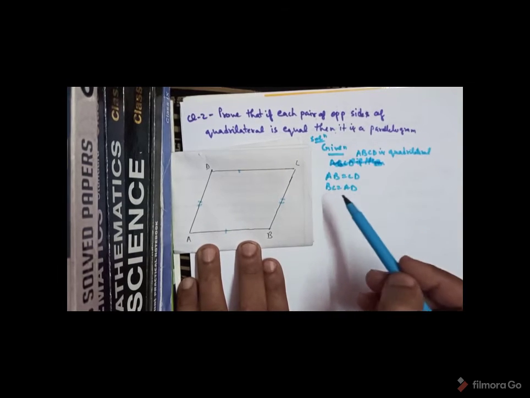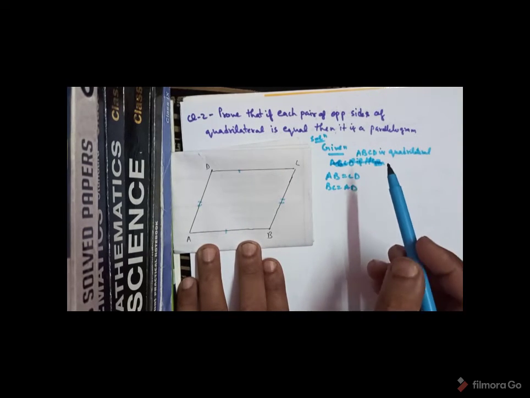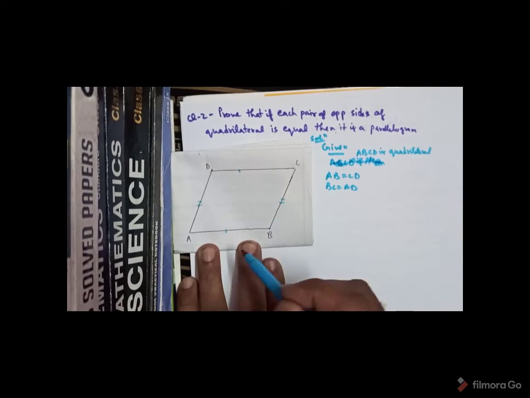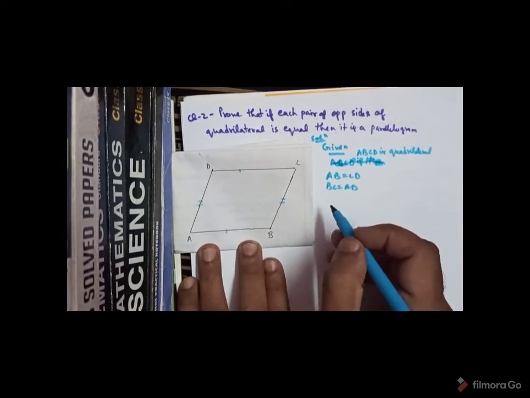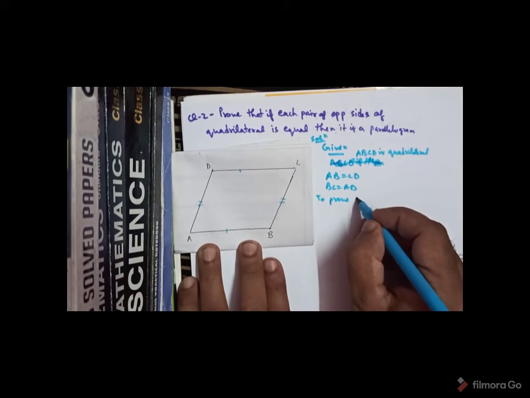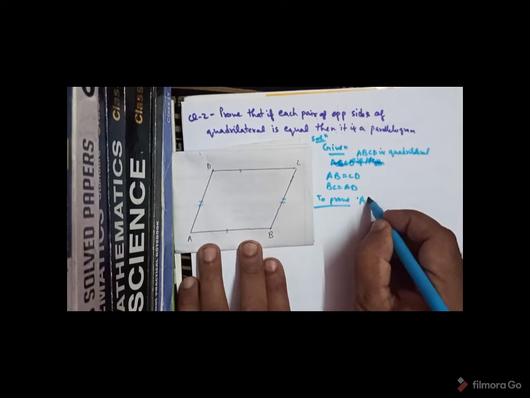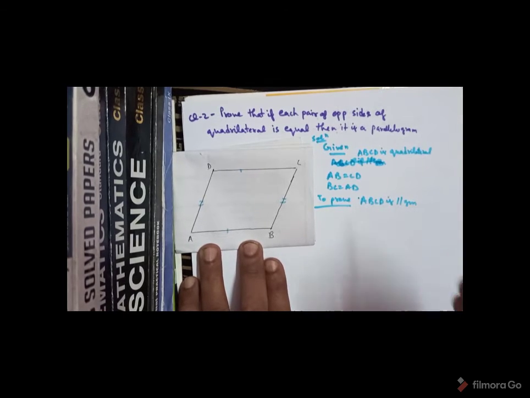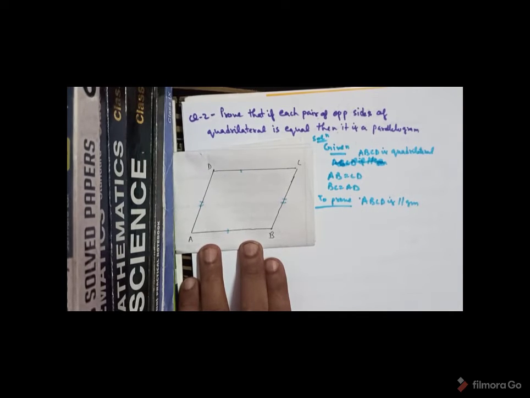If each pair of opposite sides of a quadrilateral is equal, it means ABCD is a quadrilateral in which AB is equal to CD and BC equals AD. We have to prove that ABCD is a parallelogram. It is a quadrilateral in which both pairs of opposite sides are equal. We need to prove that it is a parallelogram.